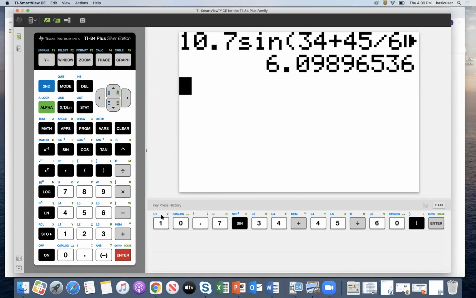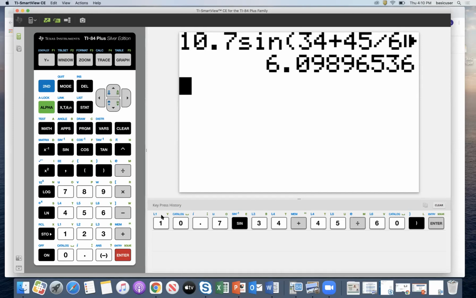So this is actually 6.10. And that 0, although 6.1 is the same as 6.10, the 0 is important because that's showing that that is 3 significant digits. It's accurate to that number of digits. Okay, 6.10.